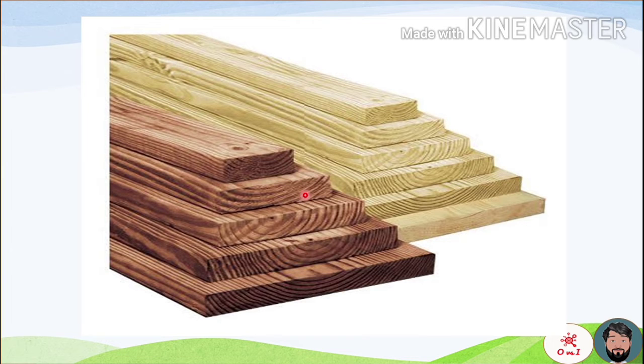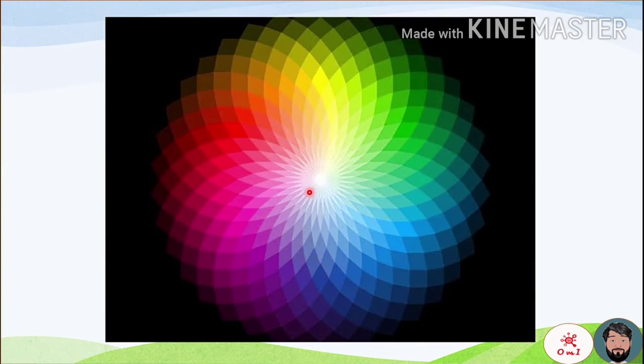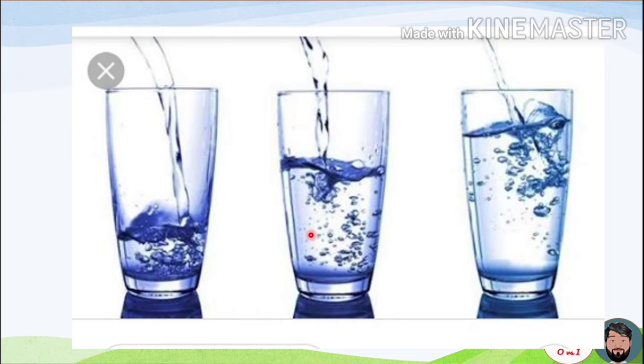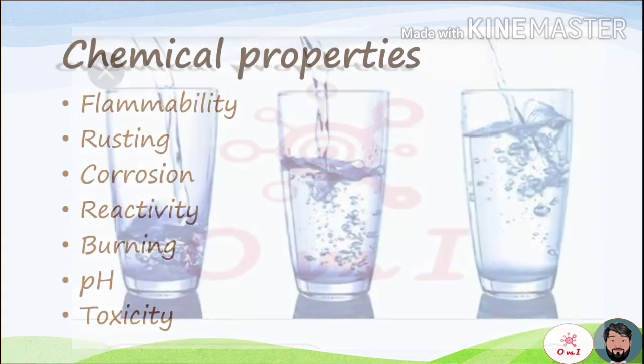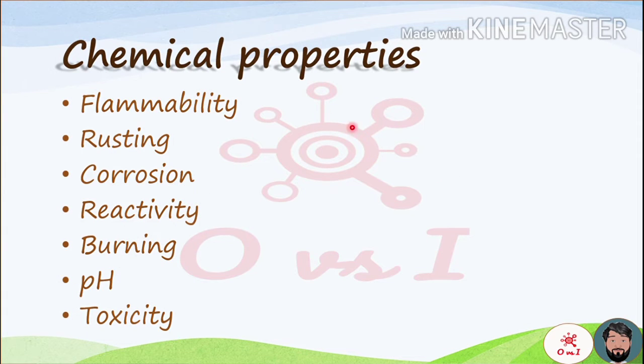And here is also a change in color. Color is the only property you can observe with your eye, but there is no composition change in the matter. Here is the volume. It's small volume, it's medium volume, and it's large volume, but it remains water. Its composition is not changed, so it's the physical property.